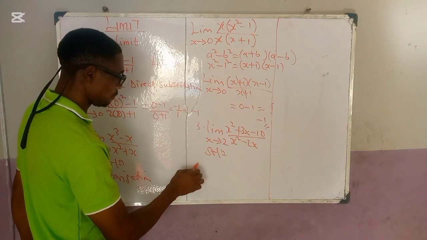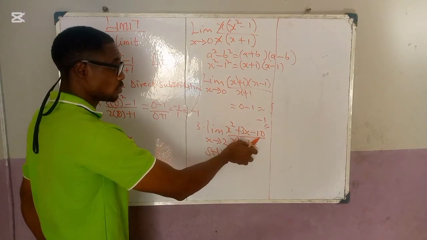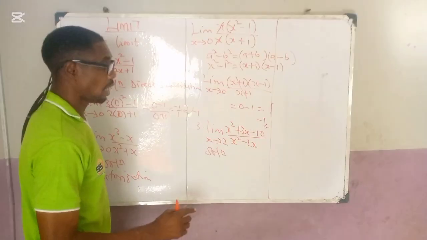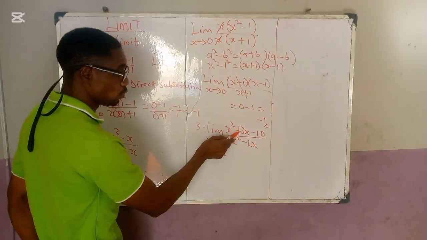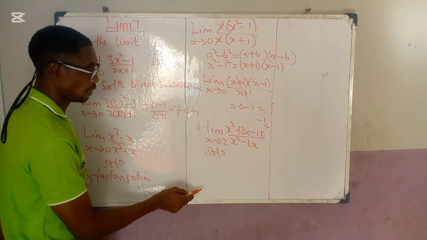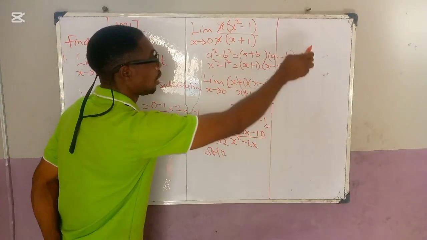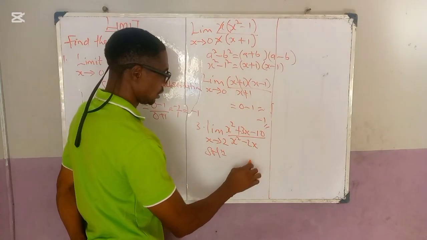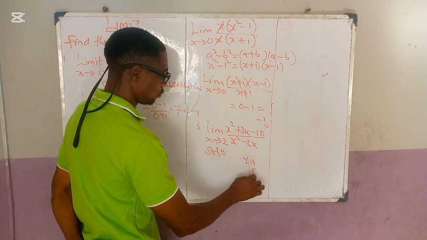You're looking for the two factors of the constant that will give you minus 10 when you multiply, and when you add the same two factors, it will give you 3 in the middle. What do I mean? I have 10 here, 2, 5.